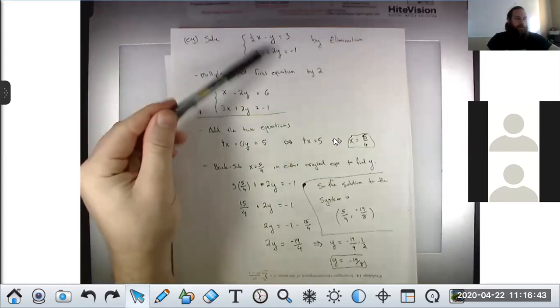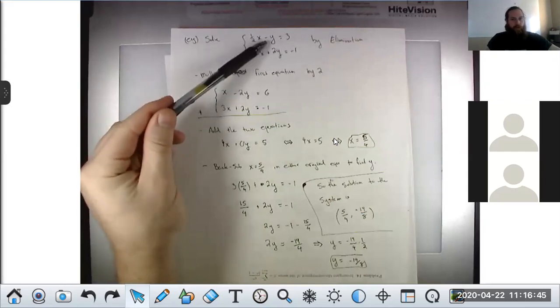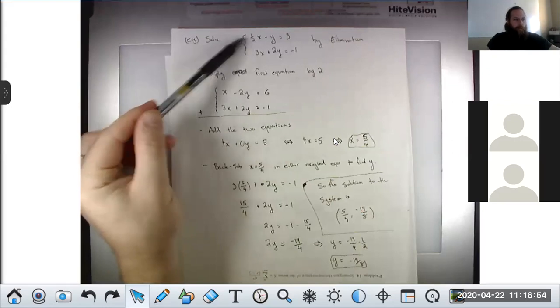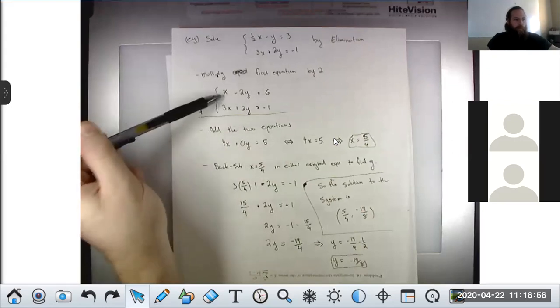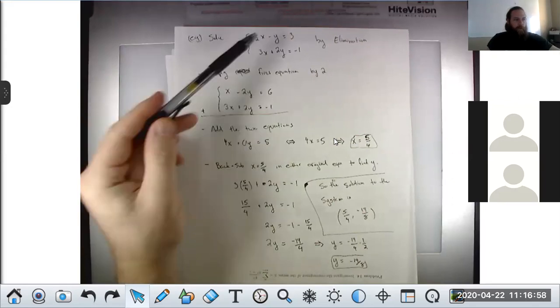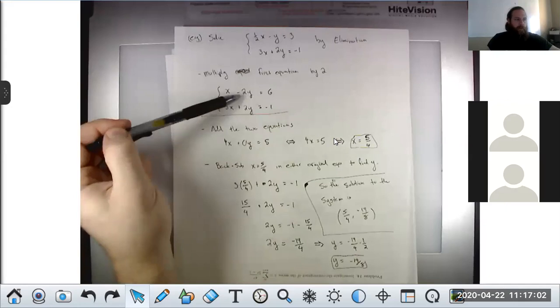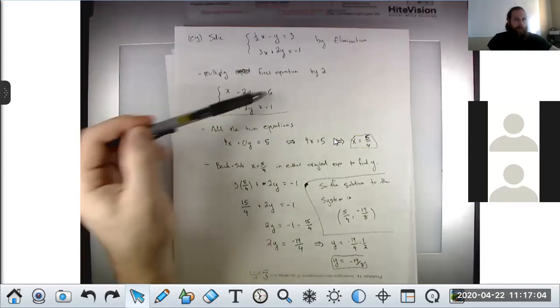So in order to make these coefficients negatives of each other, the easiest thing to do is to multiply this guy by 2. But if I want to multiply him by 2, I have to multiply everything in that equation by 2. 1/2 times 2 is 1, so 1/2 x becomes x, minus y. If I multiply that by 2, that becomes minus 2y. 3, if I multiply that by 2, that becomes 6.